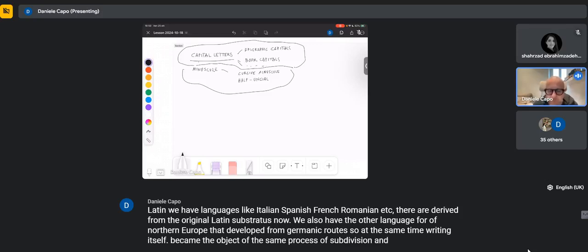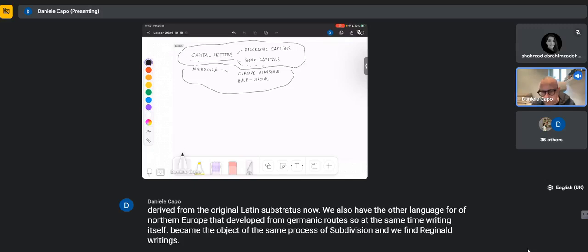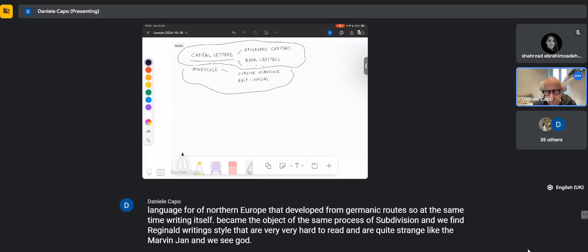And we find regional writing styles that are very hard to read and are quite strange, like the Merovingian and Visigothic and so on and so on.